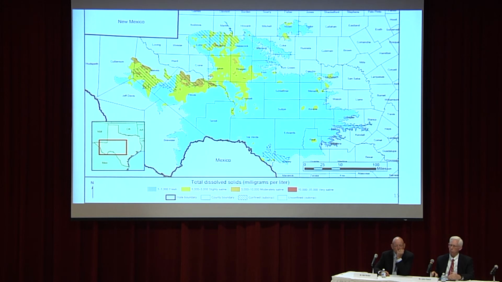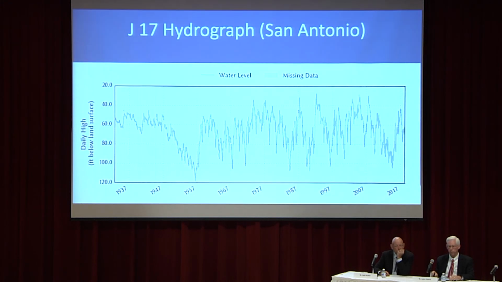So many times the oil and gas producers can use water that's higher in TDS than maybe others, but many of the residents of that area are drinking water and have been using water over the years which is slightly saline or brackish in quality.